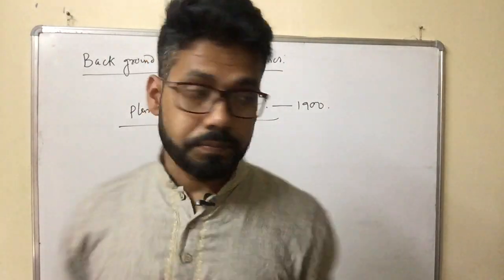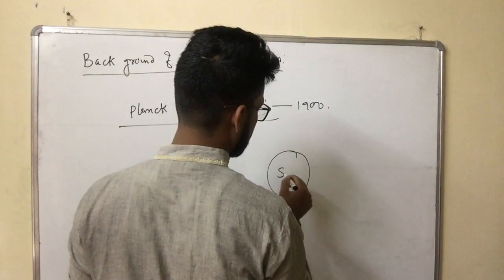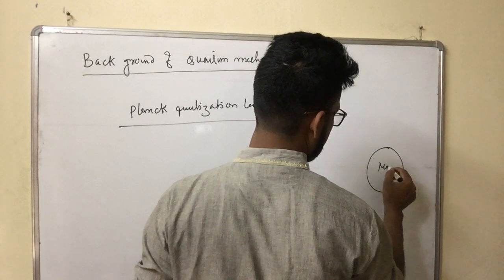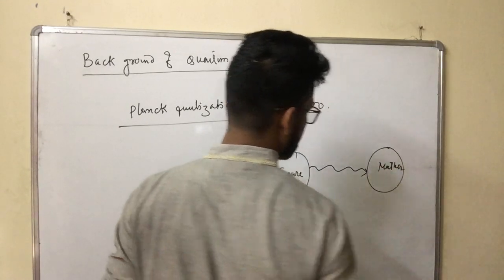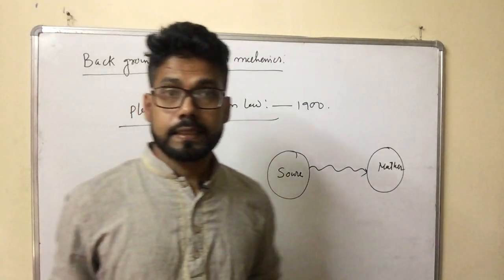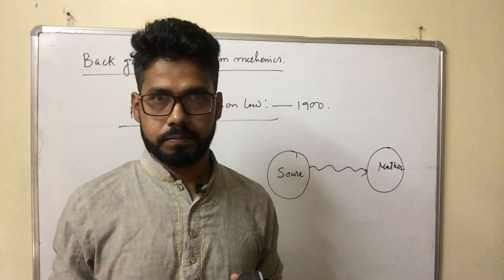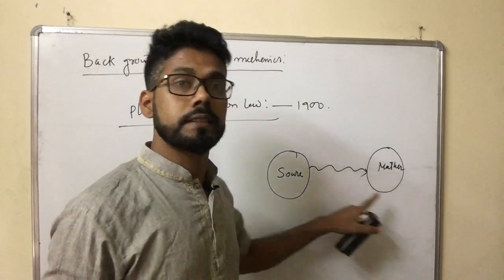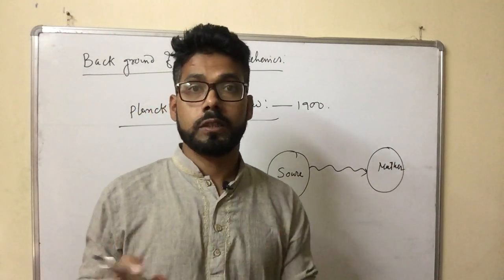So what is Planck's concept? Suppose this is a radiation source, this is matter. Initially, the classical thermodynamics laws, the Rayleigh-Jeans law and Wien's law, told that the exchange of energy between the source of radiation and matter takes place in a continuous manner.